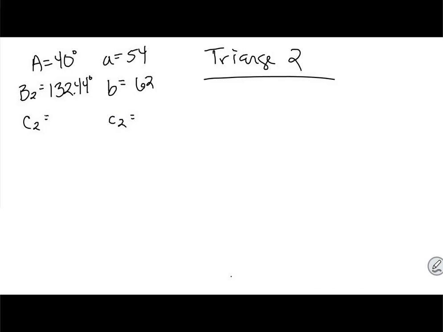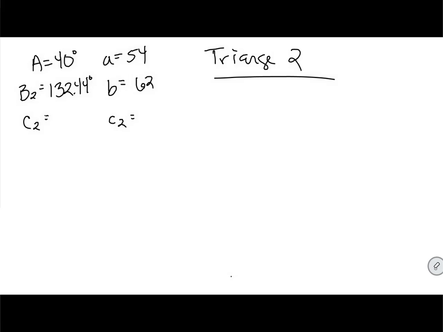So now I have all the information I need to solve for my second triangle. I already have found angle B2, which is our quadrant 2 angle, and we're given side A, angle A, and side B. So let's start with finding angle C2.